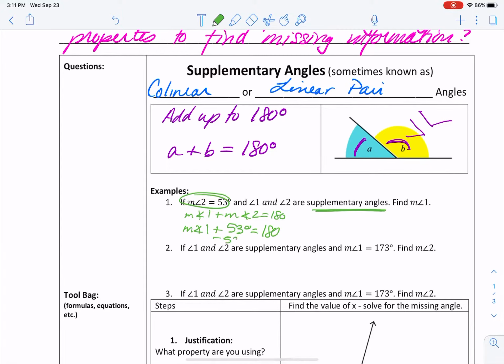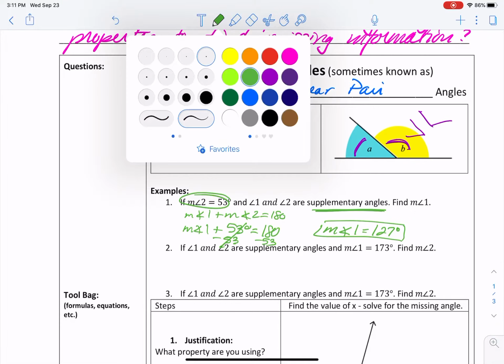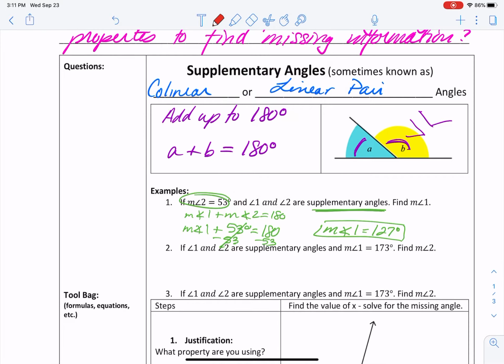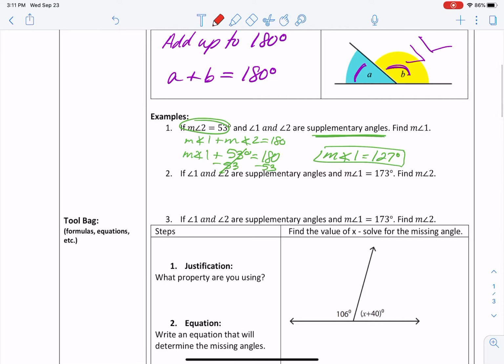So I can subtract 53 from both sides, and the measure of angle 1 is 127 degrees. If I have two angles that are supplementary, and I know one of them, I can find the other.